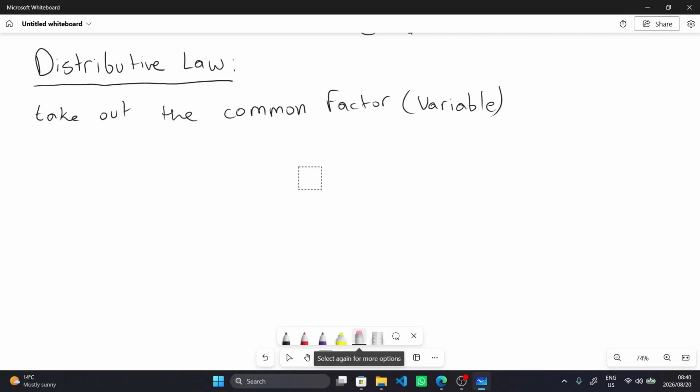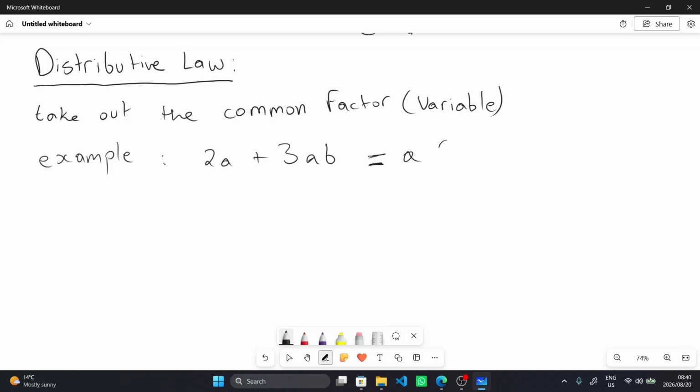So just the example: you have 2a plus 3ab, then you're just taking out the common factor, leaving 2 plus 3b. So distributive is just taking out the common factor.